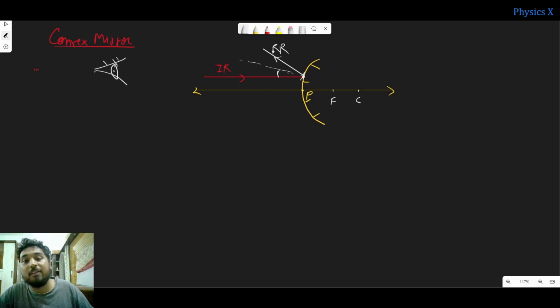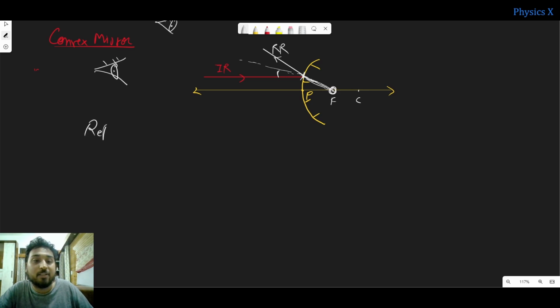When these rays reach your eye, it will feel that these rays are coming from this point. This is a bit rough diagram, not very accurate in terms of measurement, but you can understand that if I back trace these rays, this appears to come from this point.